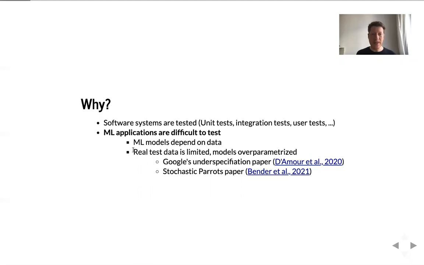Now, the problem is that real test data is limited and models are often heavily over-parameterized. This is widely recognized in the community. Just two examples here: Google's under-specification paper by D'Amour and colleagues. It has a couple dozen Google researchers as authors, and it talks about the case when you have one limited test set and a number of different models that perform equally well on that test set, and then you give those models new data.